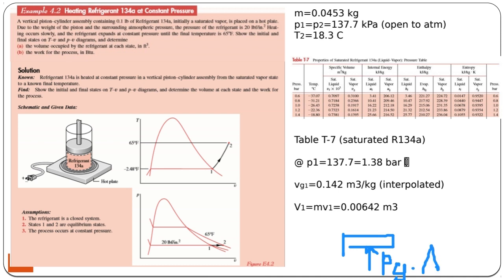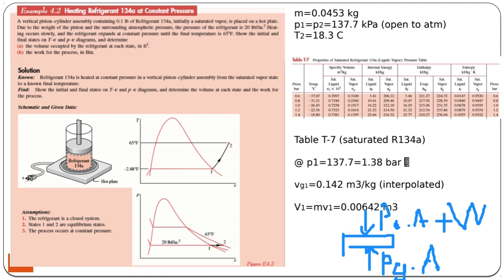At the top we have P atmosphere times area plus the weight of the piston. So what you're going to do is find the total pressure inside the gas, which is given as 137 kilopascals. Normally, atmospheric pressure is 101 kilopascals, so we have a higher pressure inside the piston than atmospheric pressure.